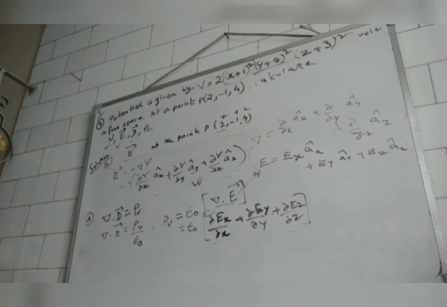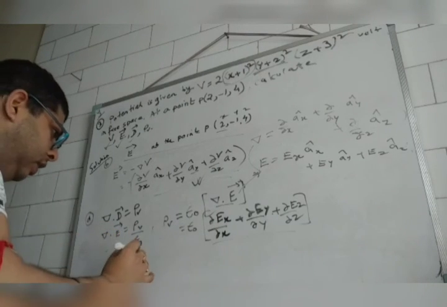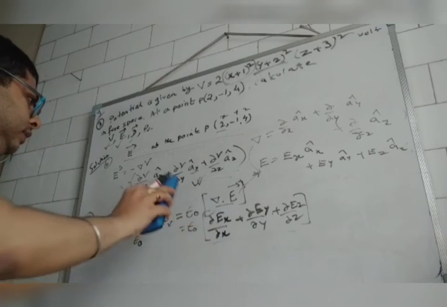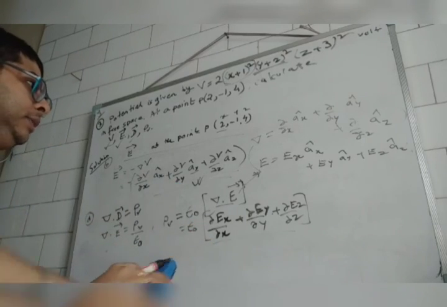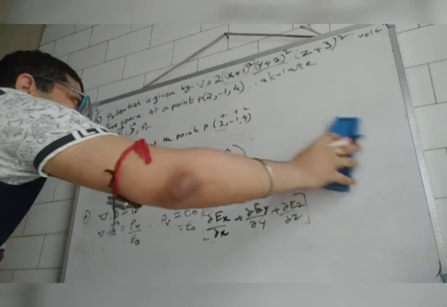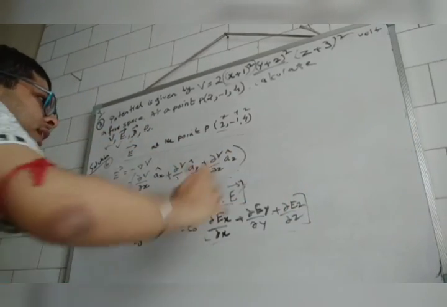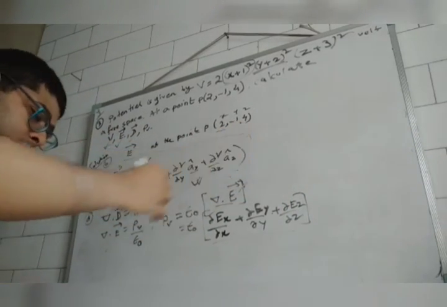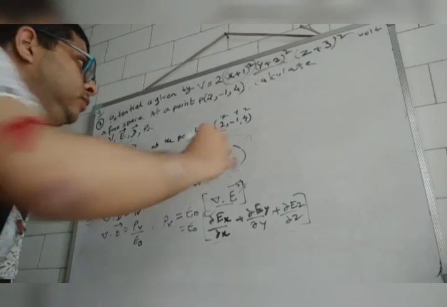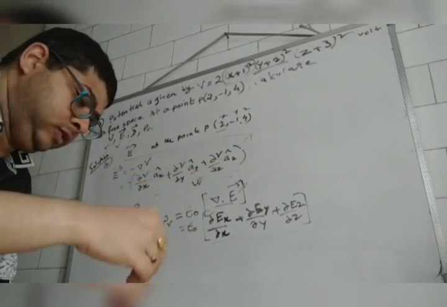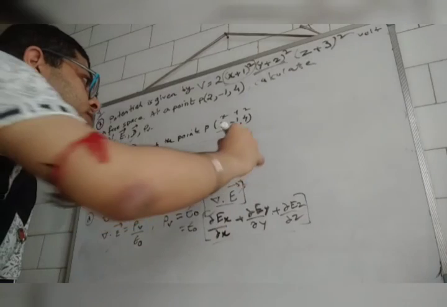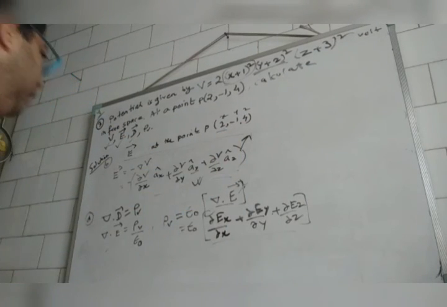If you can recall what we have seen from here, let me write this once again. We have del V by del x.